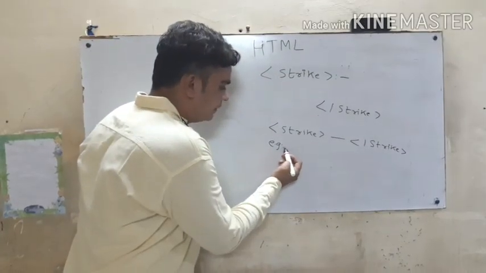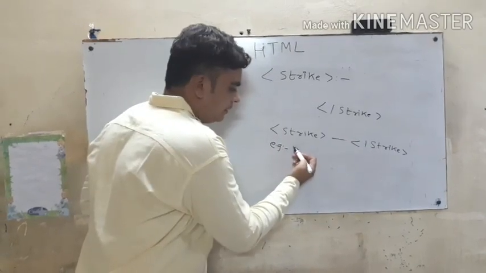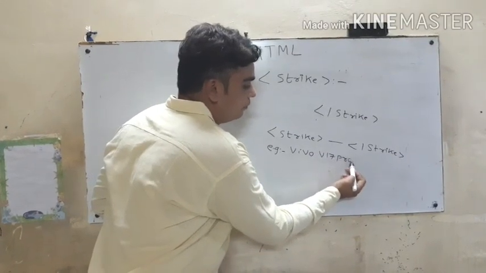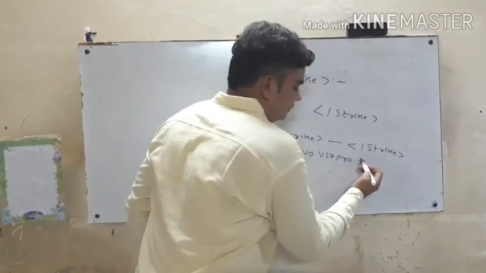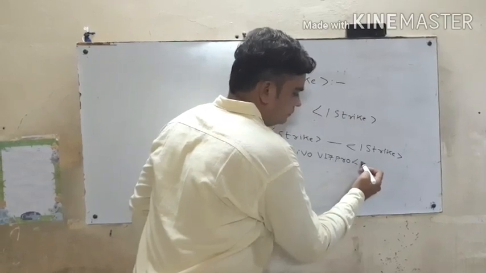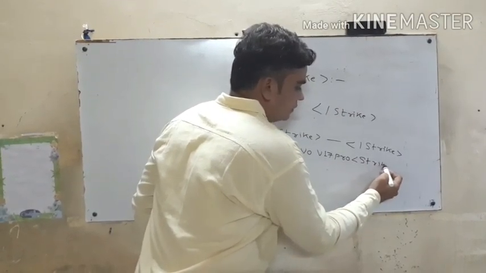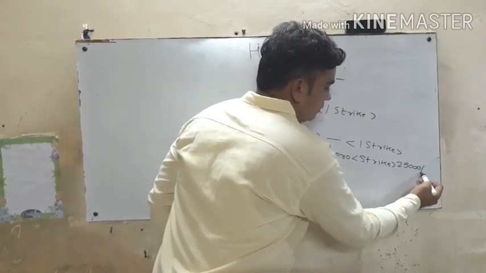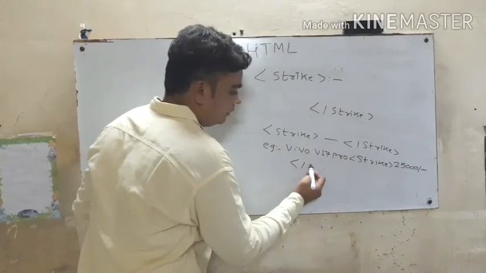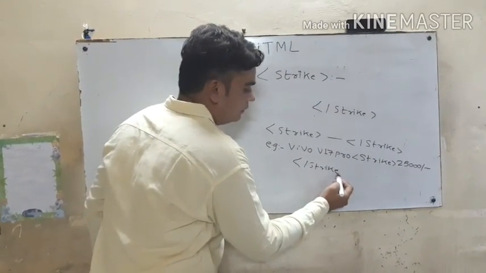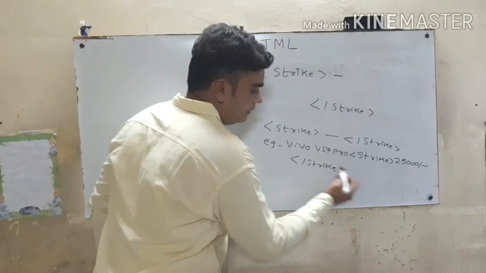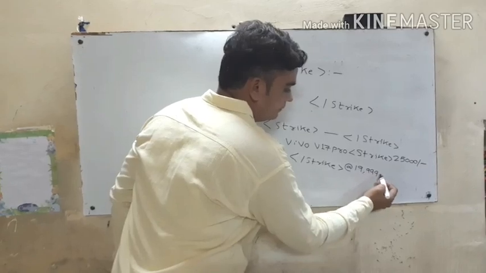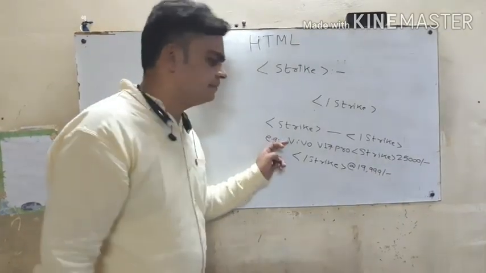Let me see an example. So suppose we take the example Vivo V17 Pro. Then I'm going to write down strike tag, 25,000, then slash strike, and here I'm going to write down 19999. So suppose this is my example.